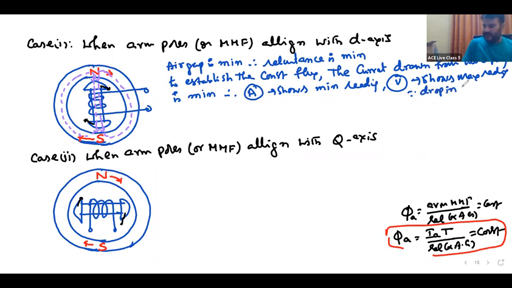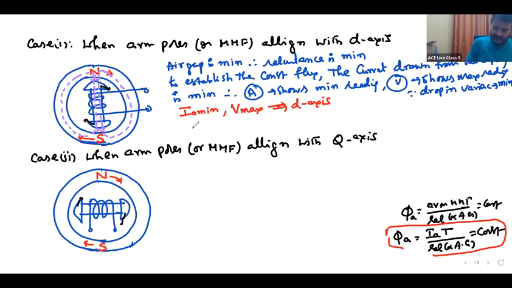When the drop is minimum, the voltage is maximum. So the ammeter reading IA is minimum, but the voltage is maximum along the direct axis.